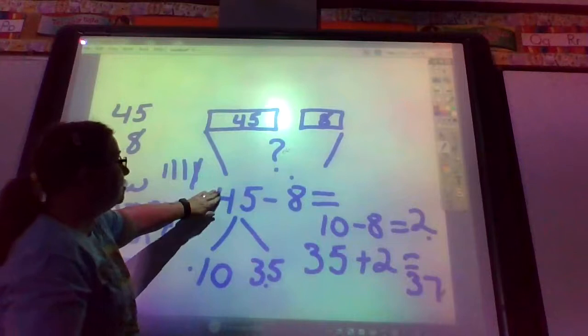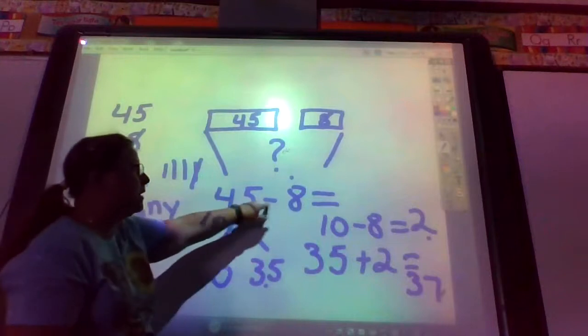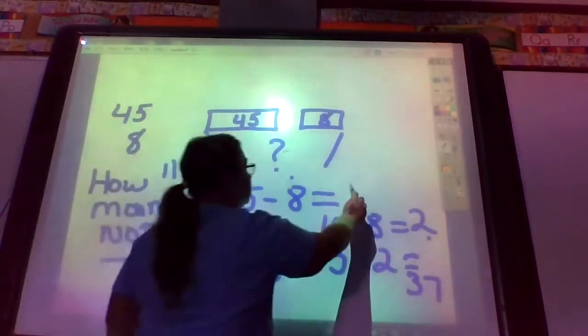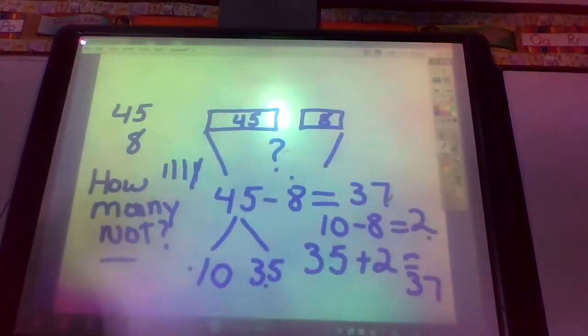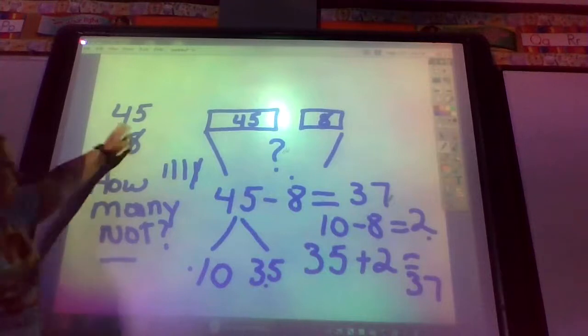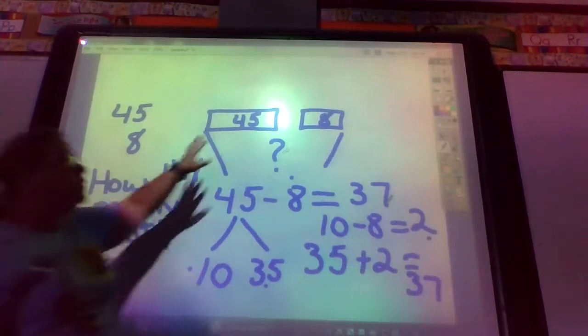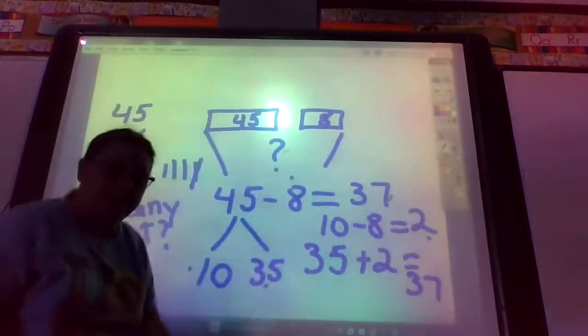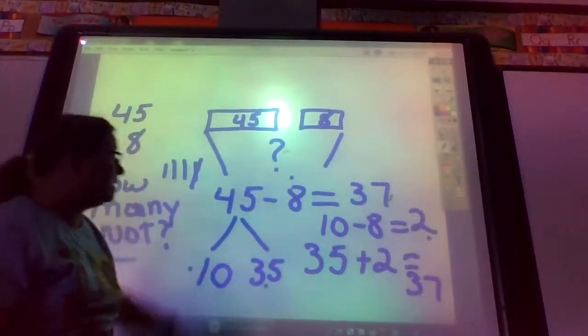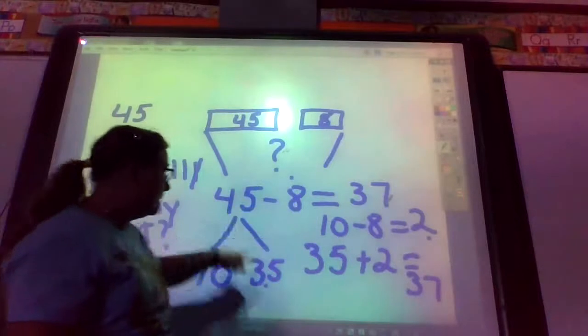So I know that 45 minus 8 equals 37. And that is my application problem for today. We start out with our information. We made our tape diagram with the basement because we're subtracting. I wrote my problem.